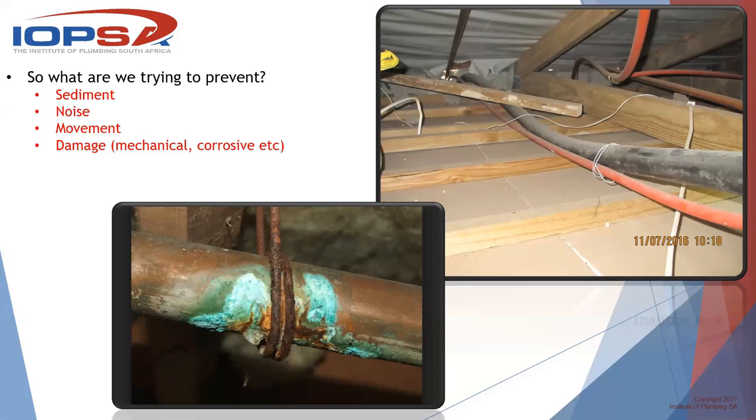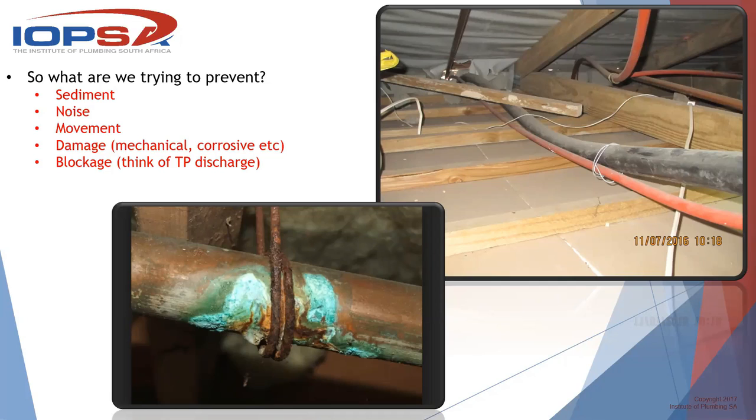They allow for movement. They allow for damage of the pipes, whether that's electrical or mechanical damage, electrolysis, corrosive, whether it's a physical nail that's been bent and kinked the pipe. If the brackets themselves do not allow the pipe to stay straight, you have sagging pipes, which means that you have settlement of sediment.